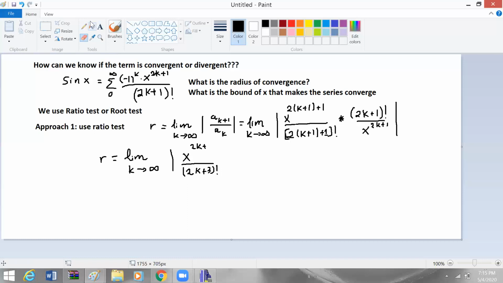What we need to do next for this part is multiply by the same thing, so that would be 2k plus 1 factorial over x to the 2k plus 1.